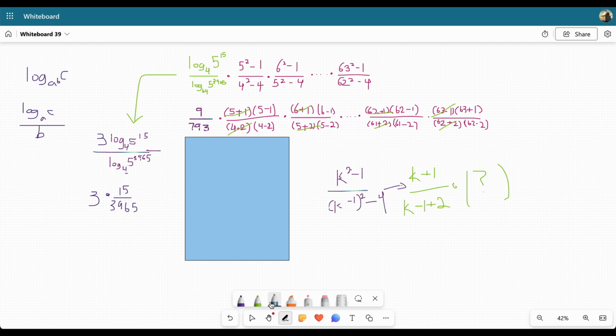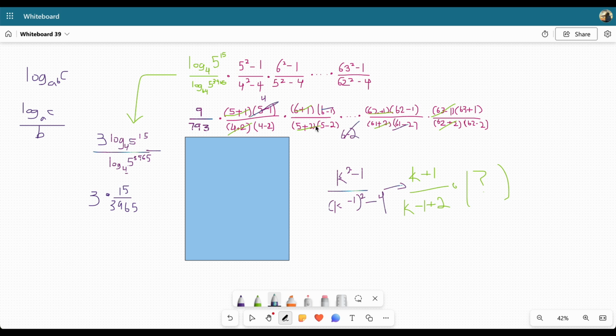What else can we cancel out? Well, notice that although it's not pictured here, or you can write, there is going to be 5 minus 1 is 4, and in the next term there's going to be a 6 minus 2, and we can cancel those out. For the same reason, we can cancel all of these all the way up to 62 minus 1, because in order for us to have 61 as a result of something minus 2 on the denominator, that something would have to be 63, which is outside of our range.